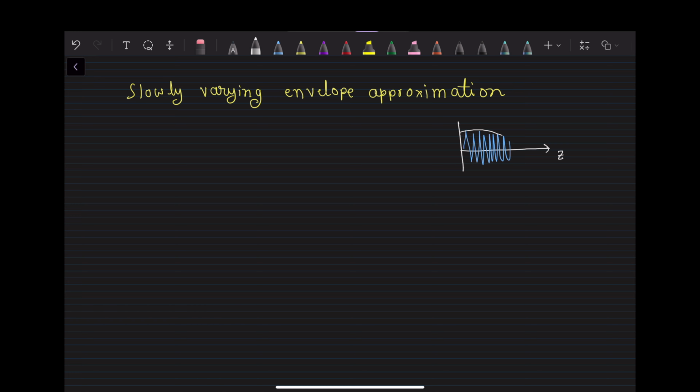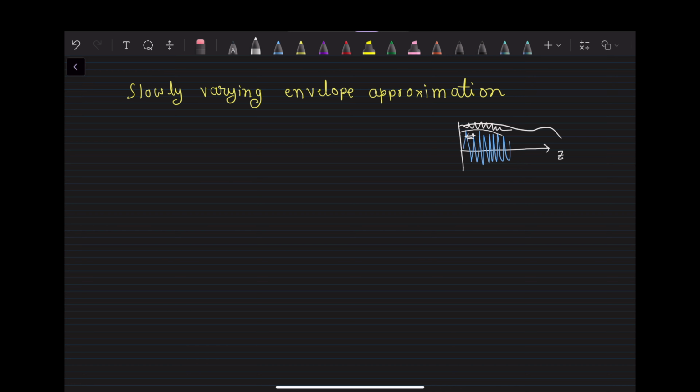So the idea is that the envelope is varying very slowly in the length scale of the optical wave. So what I mean by that, this is the optical wavelength, right? So then the envelope is not oscillating like this, it's varying very slowly. And how to describe it mathematically?